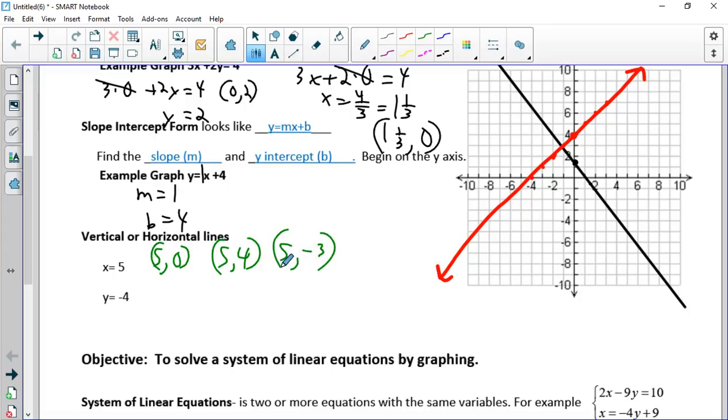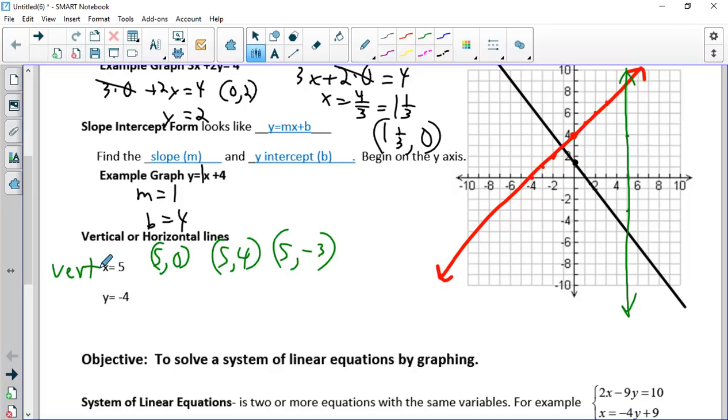So I go and put these points on there: 5, 0; 5, 4; 5, negative 3. It gives us a vertical line. And x equals a number is always going to be a vertical line because x is always 5. The x doesn't change. The up and down, the y, changes, but the left-right never changes.